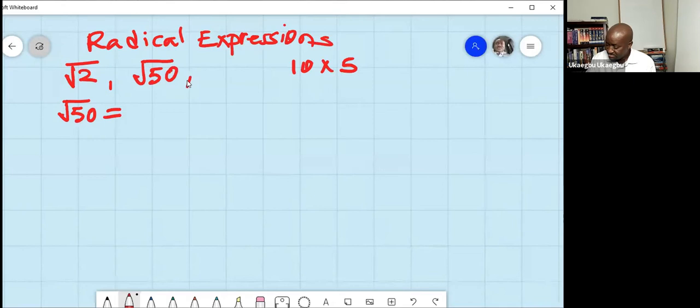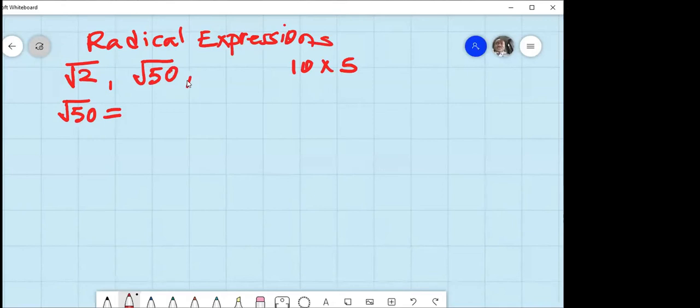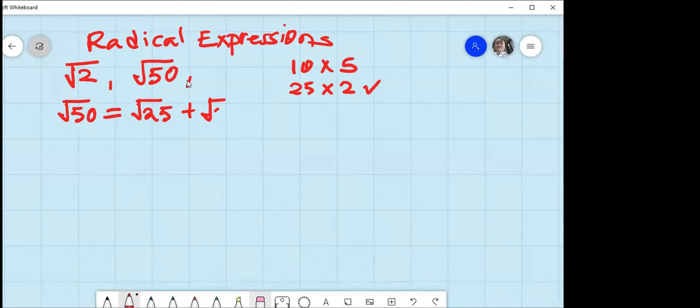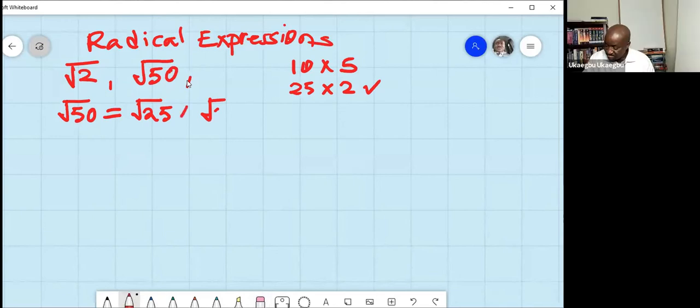Considering these two, the one that has the smallest radical number is 25 times 2, so let's use that one and write square root of 25 times square root of 2.